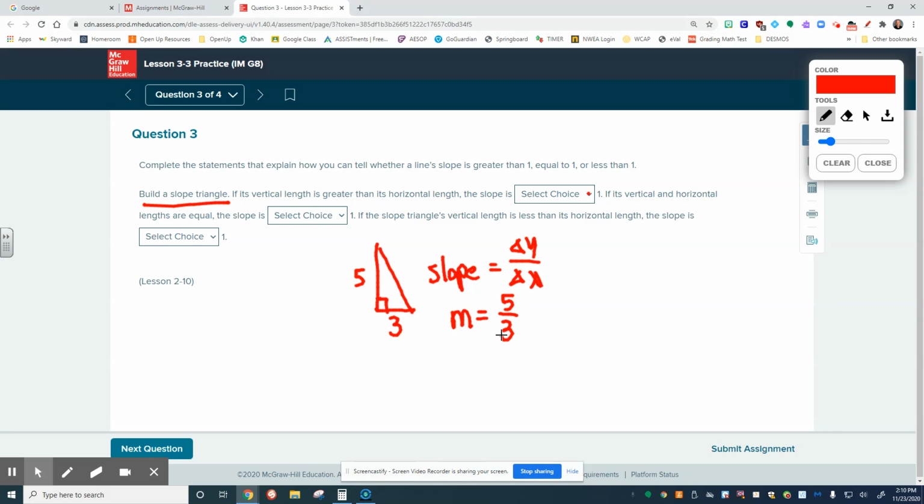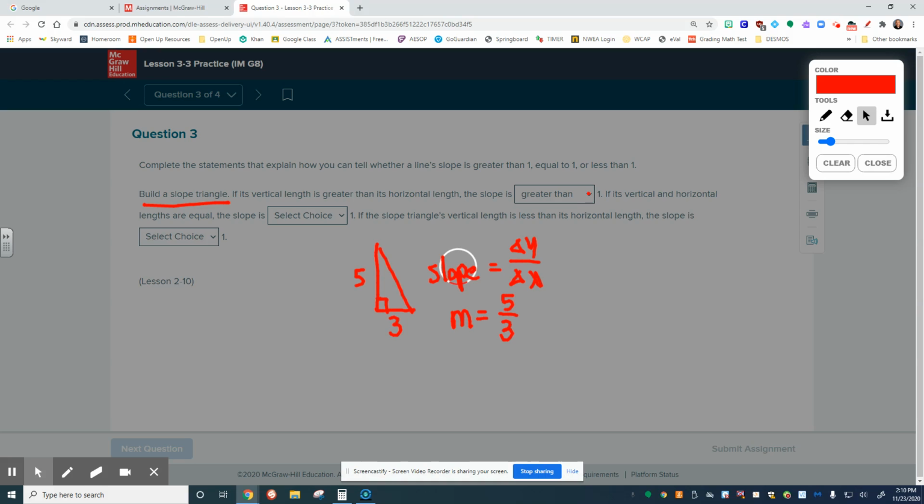So when we have a slope triangle where the vertical is greater than the horizontal, then we have a slope that is greater than 1. Please go ahead and draw for the other two and decide which one of those is going to be the best option.